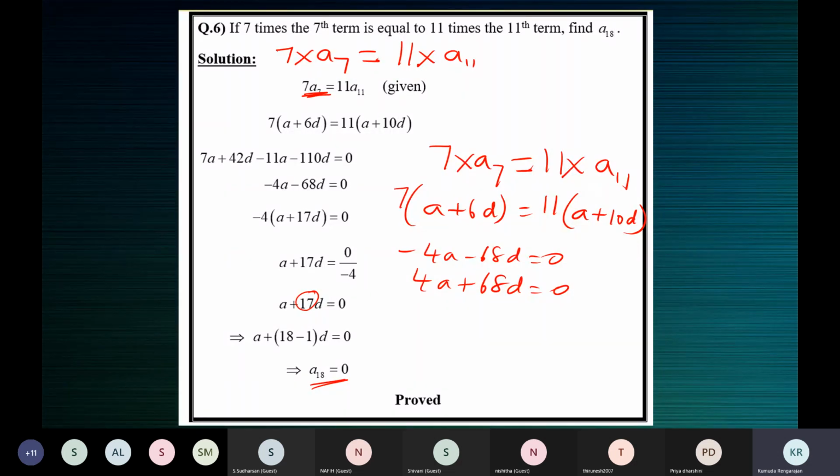On taking minus 4 common, or changing the signs throughout and taking 4 common, you get a plus 17d is equal to 0, meaning A18, the 18th term, is 0.